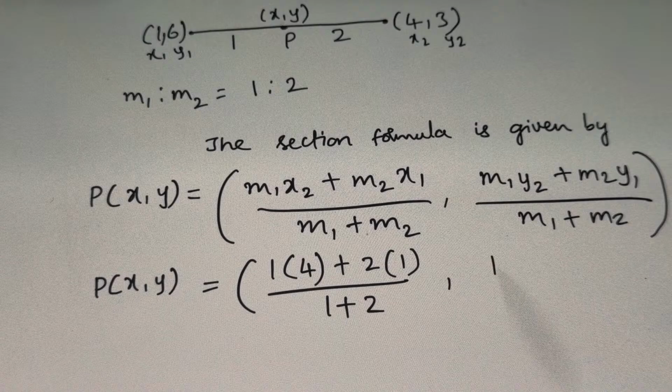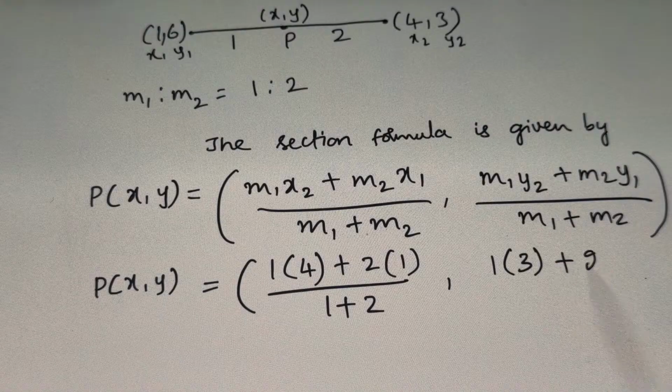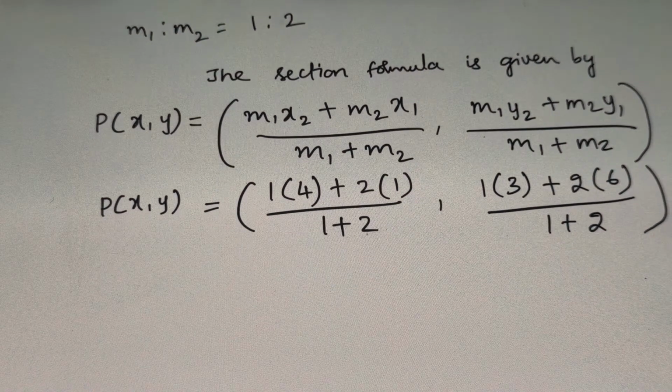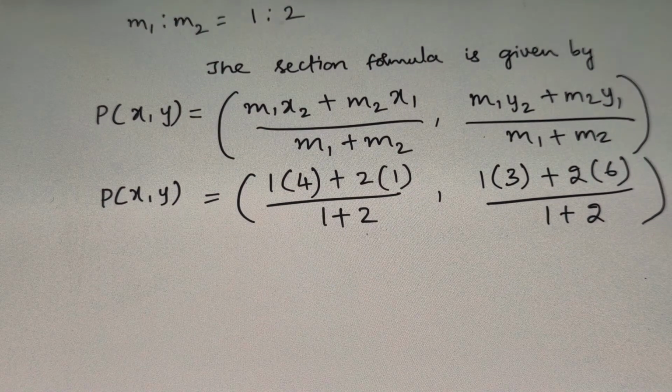Then m1 is 1, y2 is 3, m2 is 2 and y1 is 6, divided by 1 plus 2. Close the bracket.